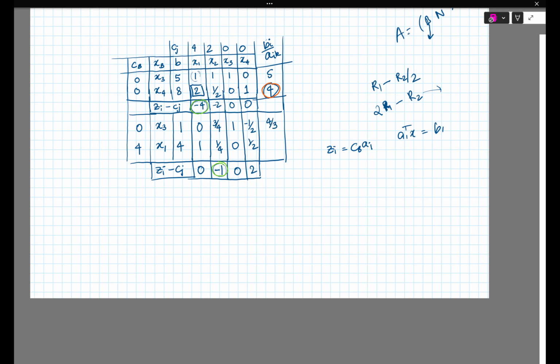And this is 4 divided by 1 by 4, which is 16. Okay, so you get this. So x3 is the outgoing variable, and x2 is the entering variable. So we do this again.